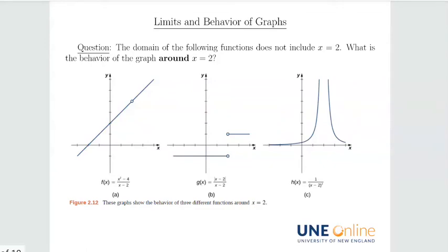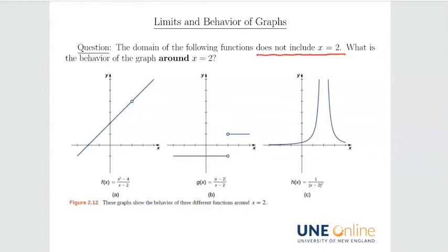So using that idea of geometry and the method of exhaustion in a limiting process, over time we were able to discuss the behavior of graphs using limits. Okay? So below are 3 graphs, and let's make note that for each of these functions, the domain does not include x equals 2.